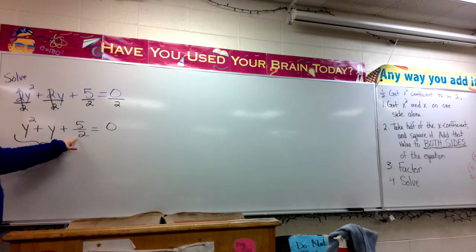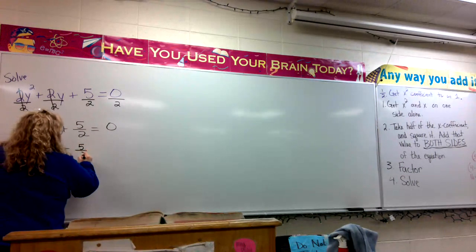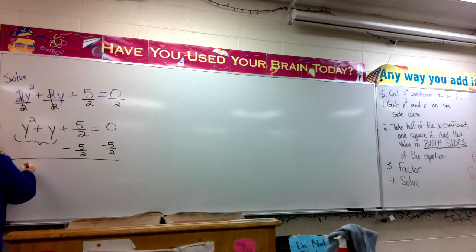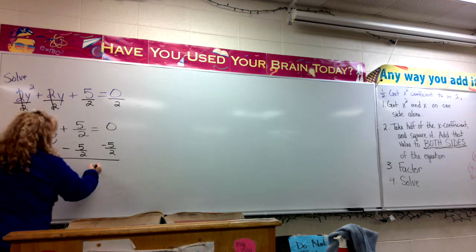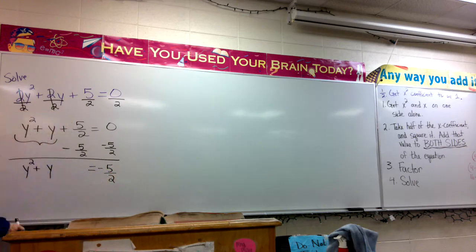That means I have to get rid of the 5 halves. How do you get rid of the 5 halves? Y squared plus y equals negative 5 halves.